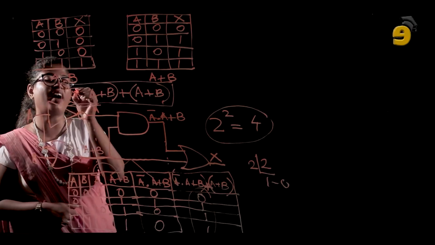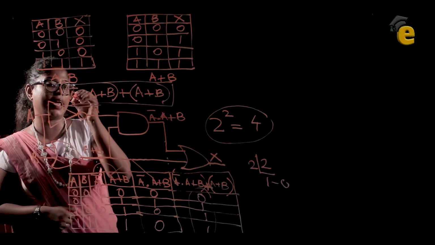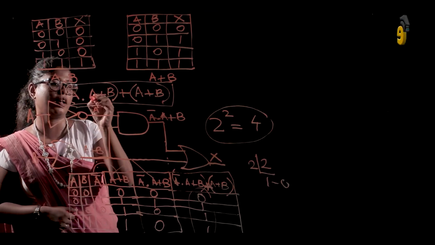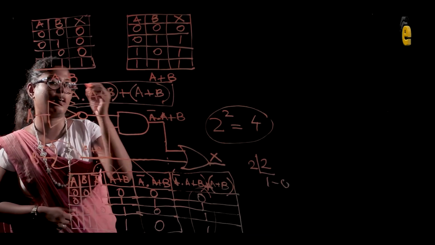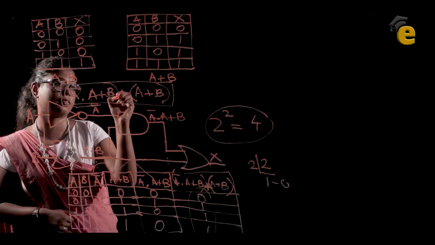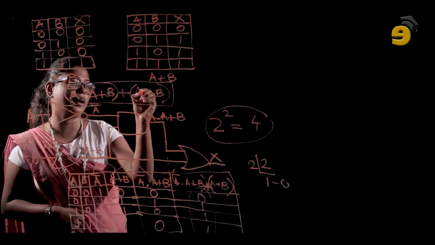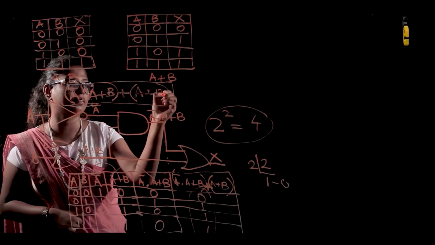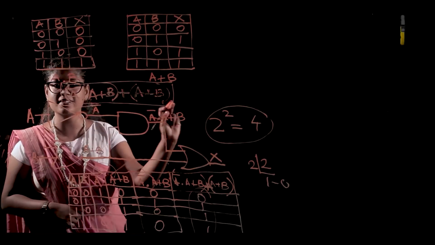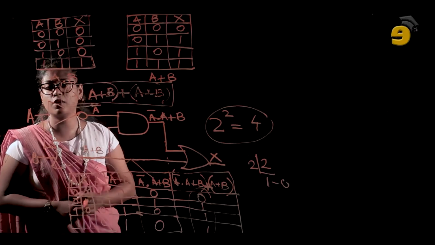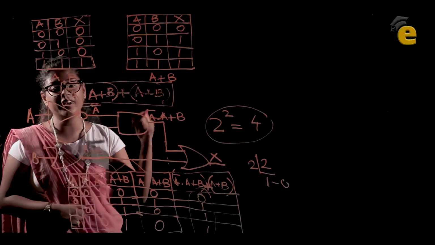Then once you finally write it over here, write A bar, then A plus B, bracketed, plus A plus B, bracketed again. This will be the final solution, or the algebraic expression, for you to align with the given diagram.